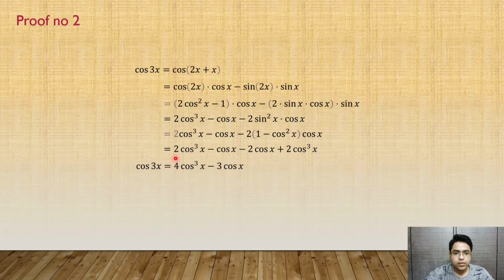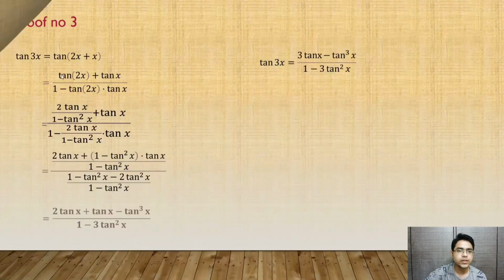Now the final answer will be the addition of this 2 cos cube x and this 2 cos cube x, which gives 4 cos cube x, and this minus and minus will again do addition but the sign will be negative. Then cos x plus 2 cos x will give us 3 cos x and the sign will be negative.